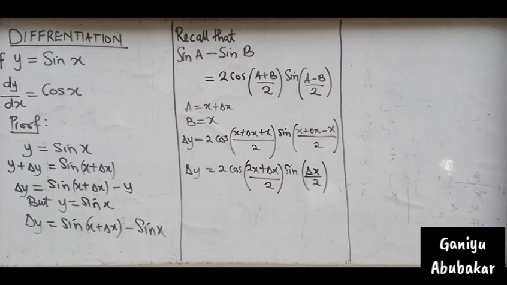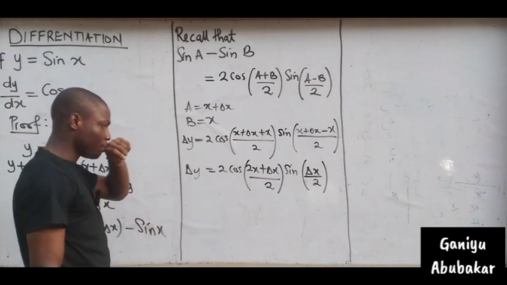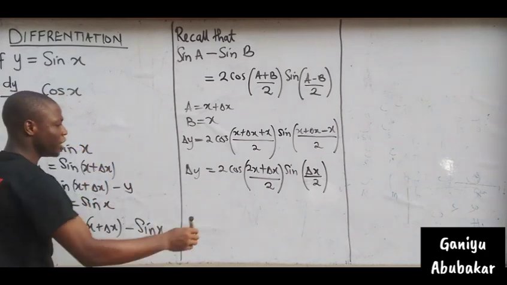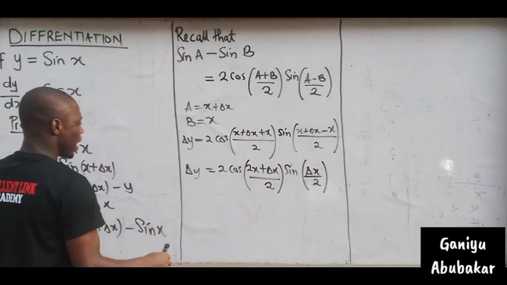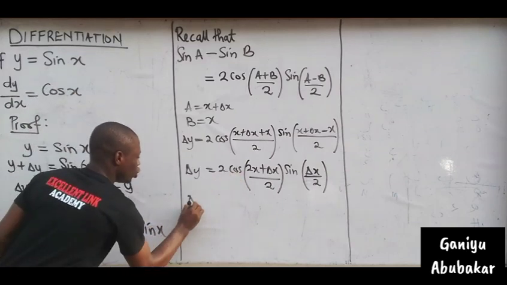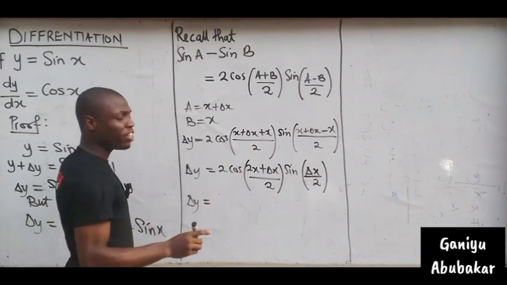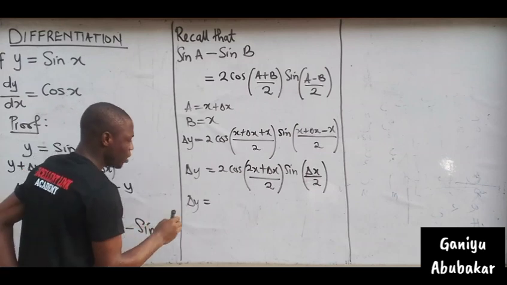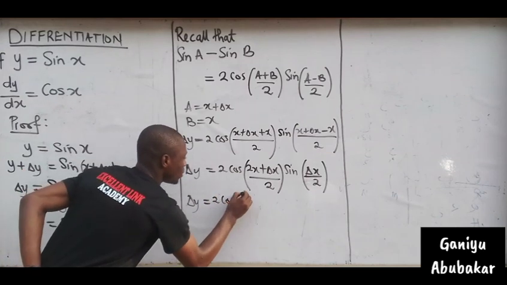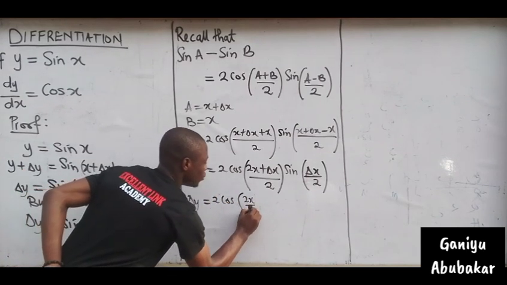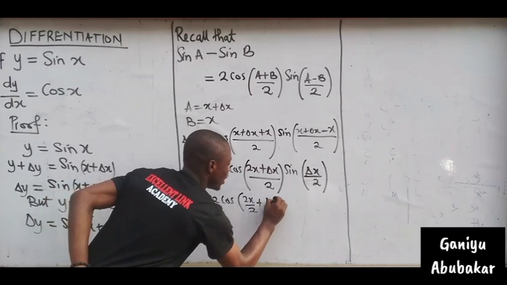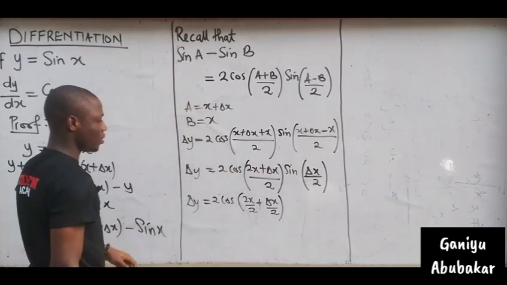Our next task is to divide through by the change in x. But before that, dividing by change in x means I can simplify, saying change in y is equal to, observe something, this can be equal to 2 cos of 2x over 2, positive change in x over 2. I'm still correct, right?